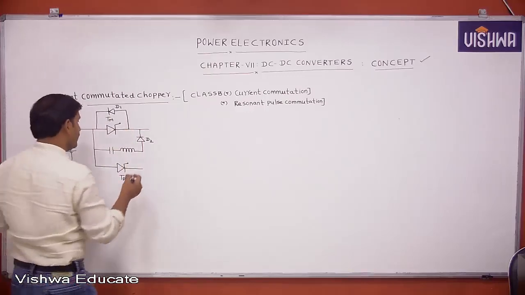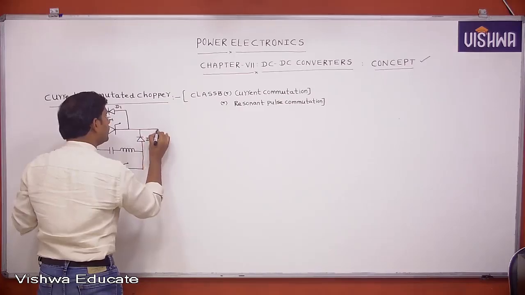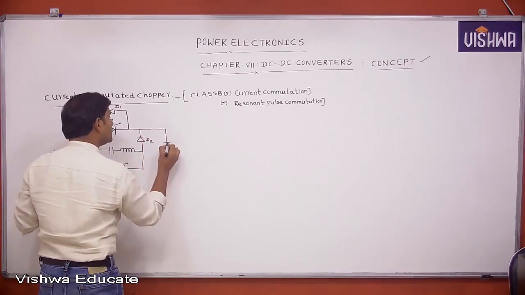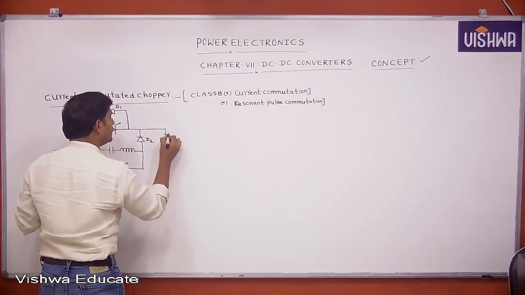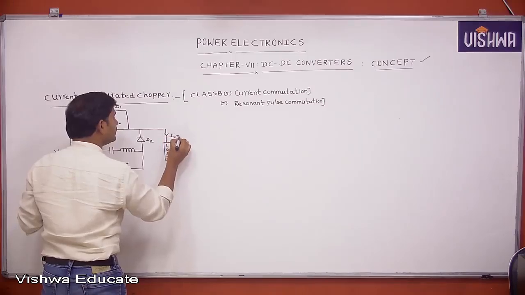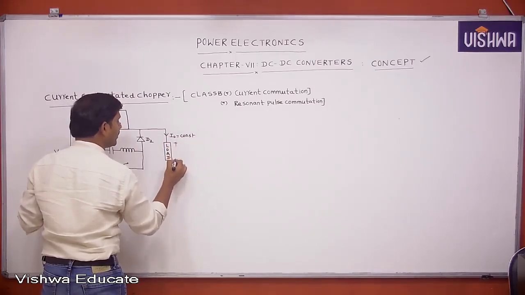This is the auxiliary thyristor. We are supplying the constant current to the load, this I0 is constant, with load voltage positive, negative V0.